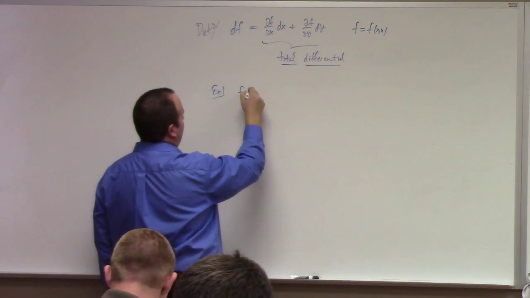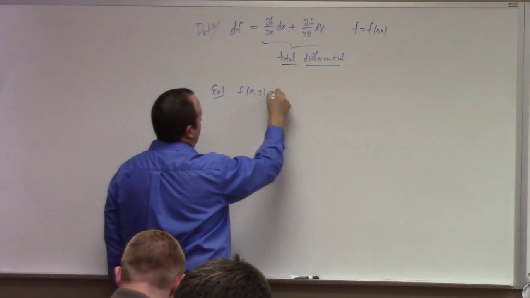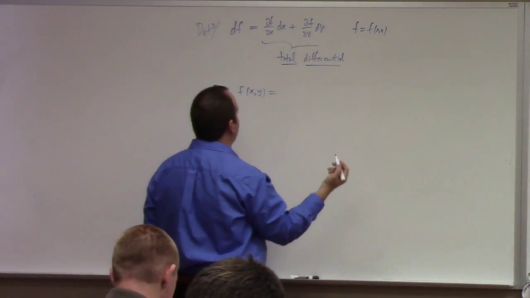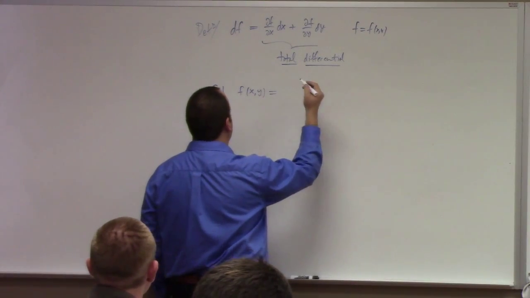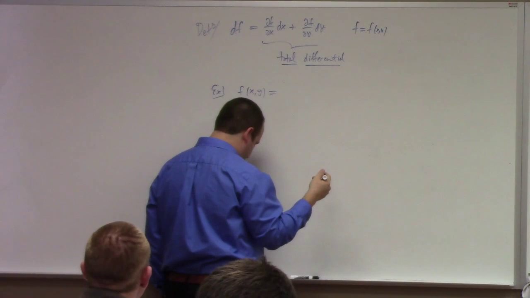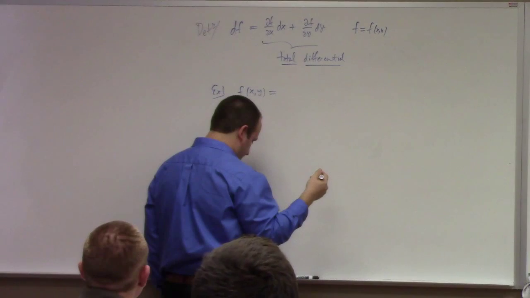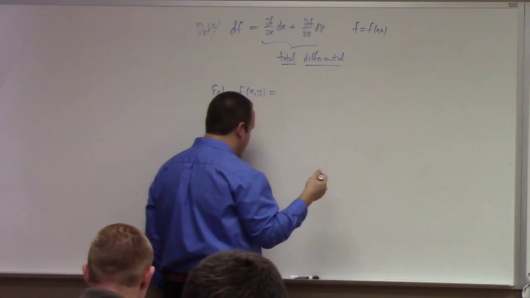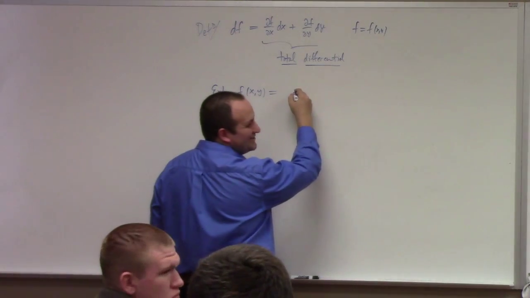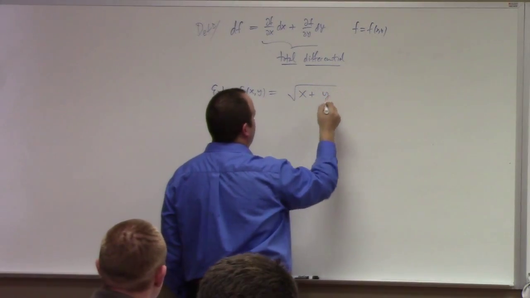If I had f of x comma y equal to, gee, I don't know. What do you want from me here? How about sine of, okay, square root of x plus y squared?